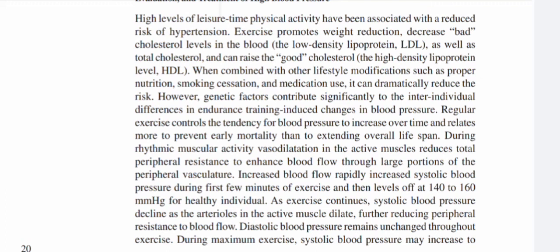When combined with other lifestyle modifications such as proper nutrition, smoking cessation, and medication use, it can dramatically reduce the risk. However, genetic factors contribute significantly to the inter-individual differences in endurance training induced changes in blood pressure.